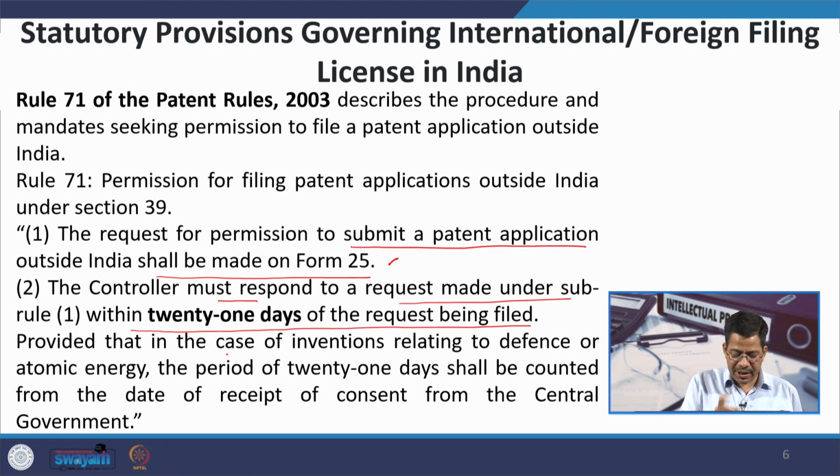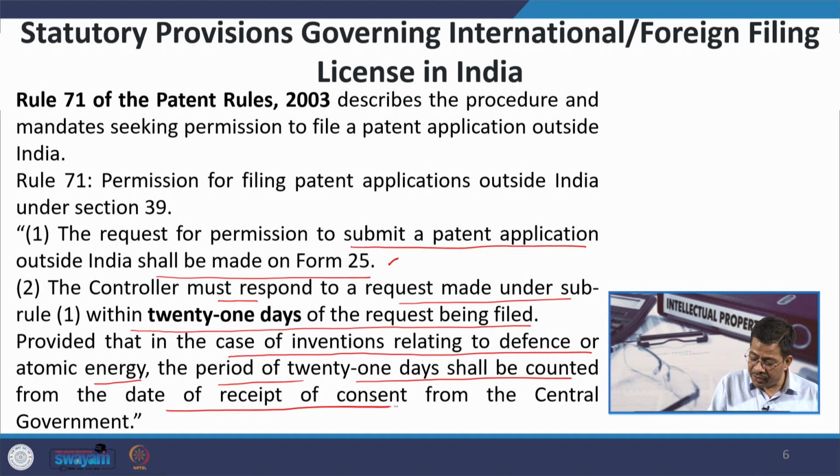now there is an exception in this case: for an invention related to defense or atomic energy, the period of 21 days will not start from the date of the request being made. In these cases the 21 days will start from the date of receipt of consent from the central government.